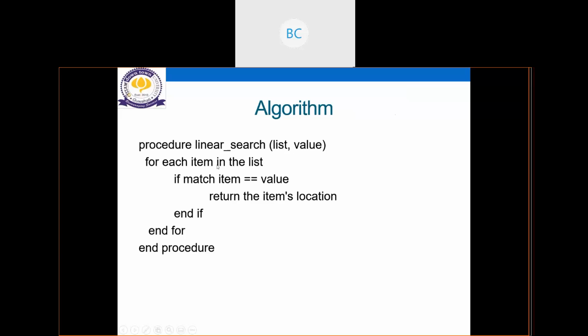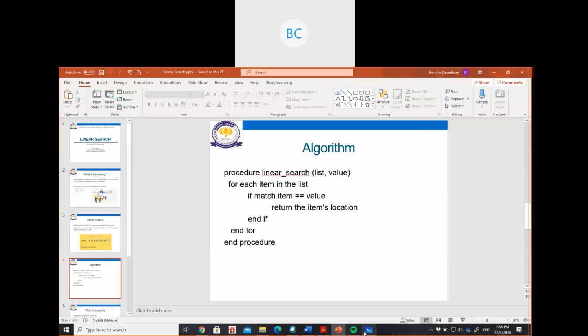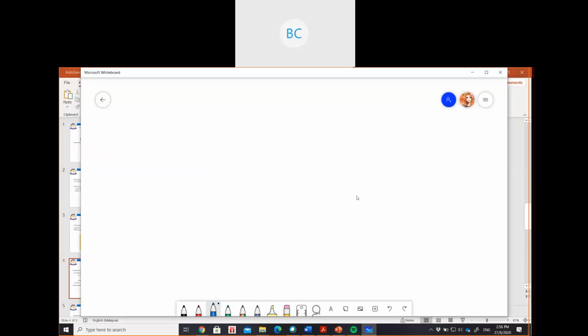For each item in the list, you check if the item is equal to the value or not. If yes, it will simply return the location of that value. Otherwise, it will just end. Okay, is it clear? Very simple one. Suppose we have an array here.